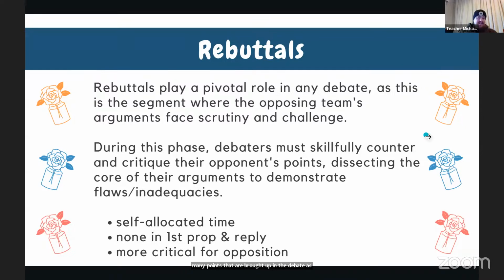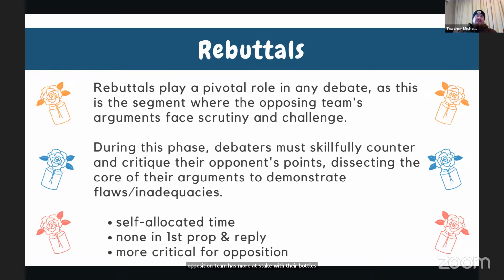We also see that, like I said, the first proposition speaker doesn't have any rebuttals to make. And there are also no rebuttals offered in the reply speeches, which happen at the end of the debate. And the final point is that rebuttals are an important part of the debate for both teams, but the opposition team has more at stake with their rebuttals.